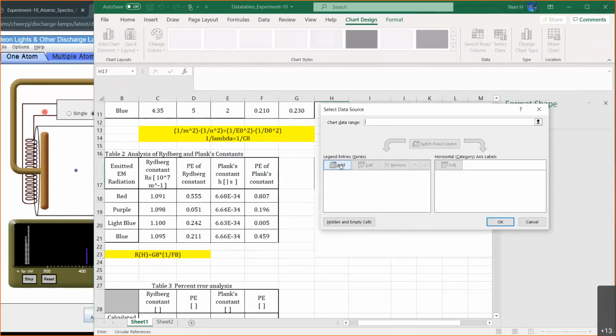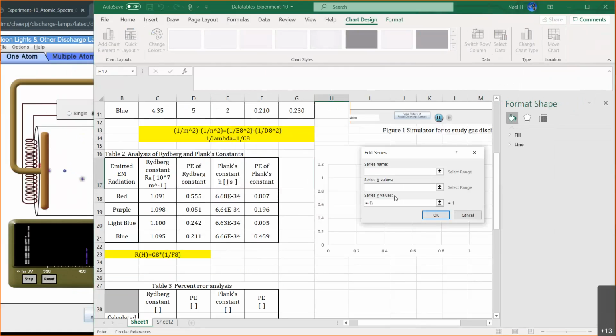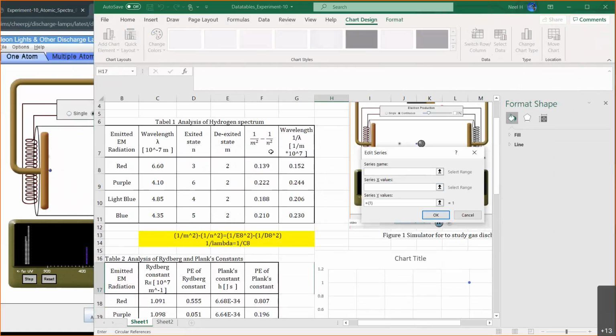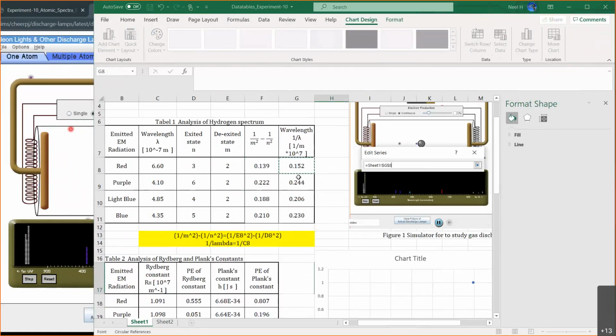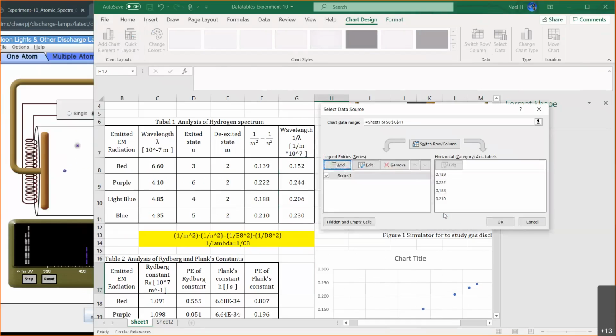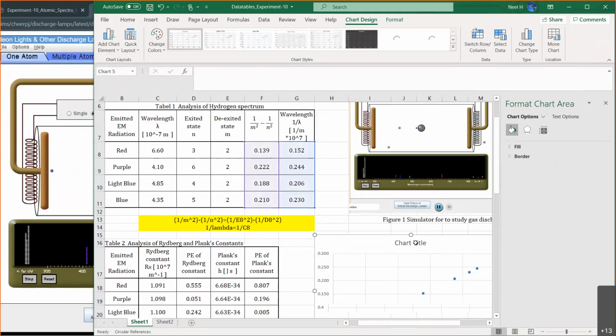Then we select the data, and the X value should be 1 over m square minus n square, the data in F8 to F11. And then I need 1 over lambda, that is also in table number 1, G8 to G11. Click OK, click OK again.